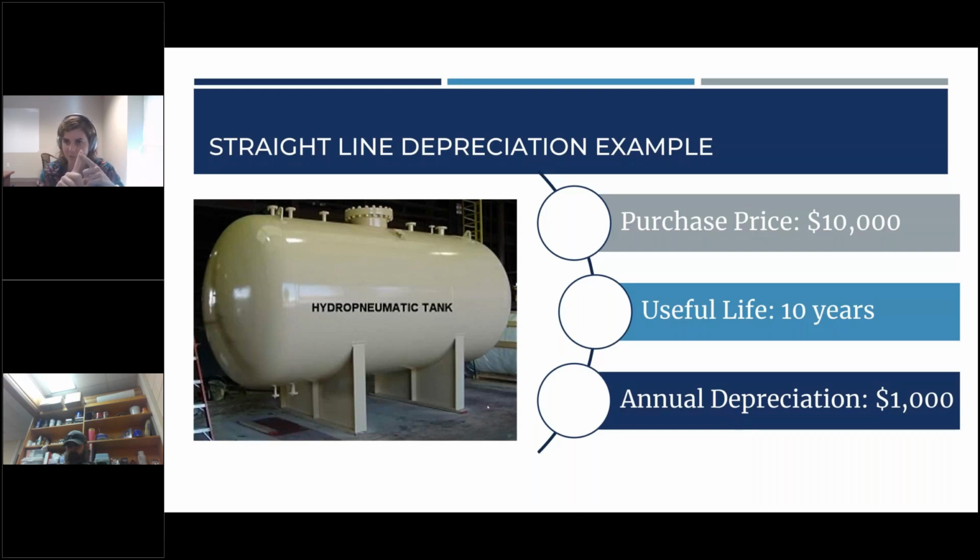The easy example here is, let's say you have a $10,000 hydropneumatic tank. It has a useful life of 10 years. Using straight line depreciation, we literally just take $10,000 divided by 10 years, and that's our annual depreciation expense. So our depreciation expense associated with this tank on our financial statements would be $1,000 a year.